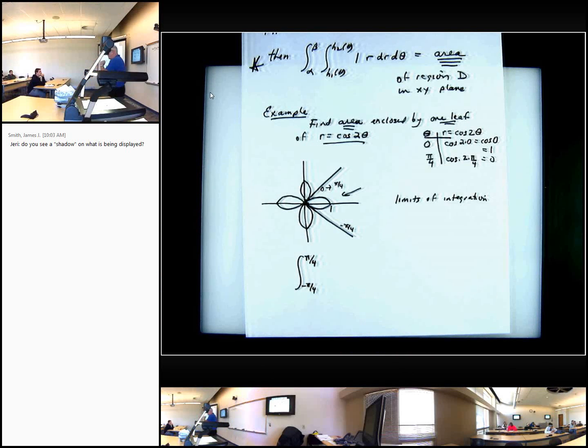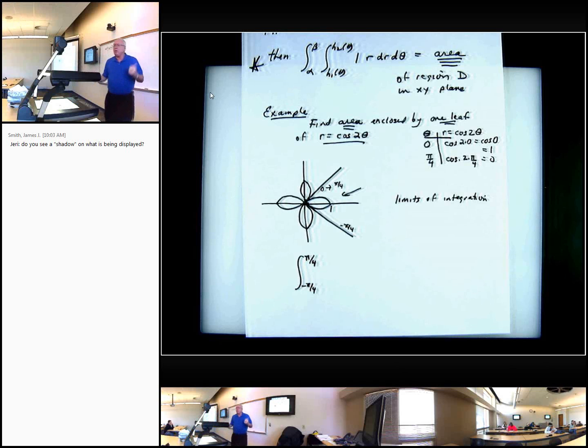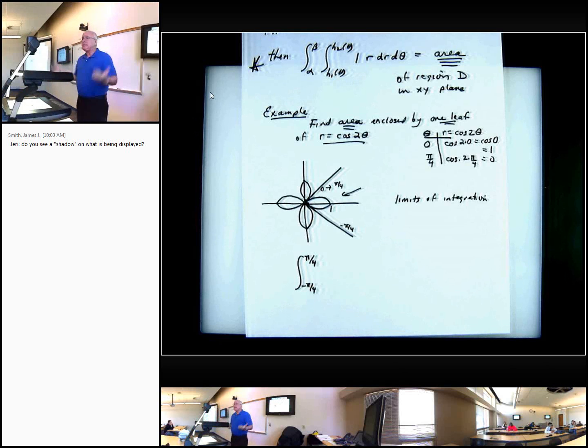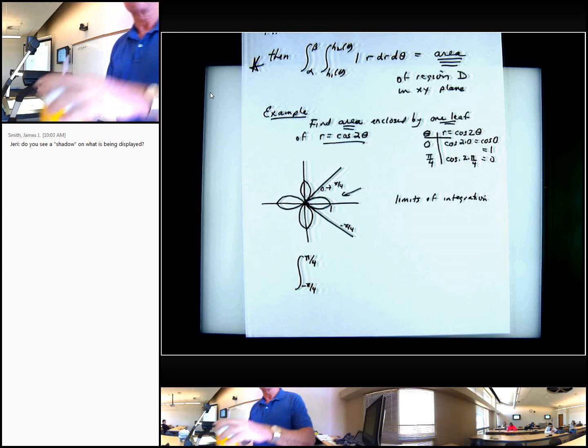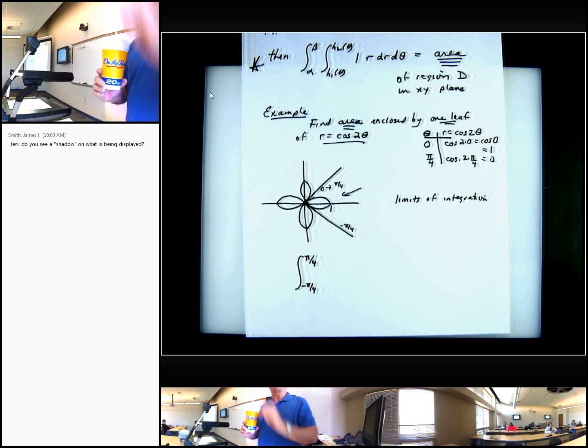All right. So I thought, well, negative pi over 4 is actually the same as 1 3/4 pi if we're going the other direction, right? Yes, you can do that.